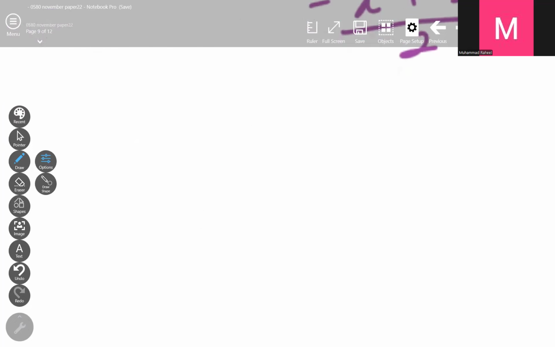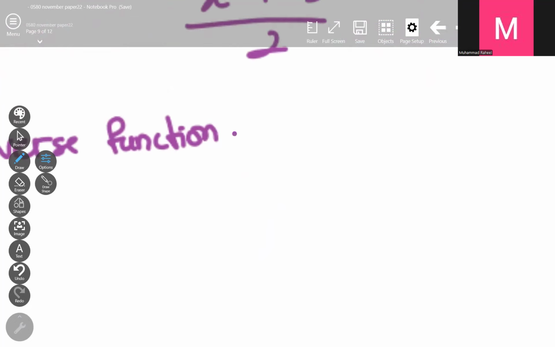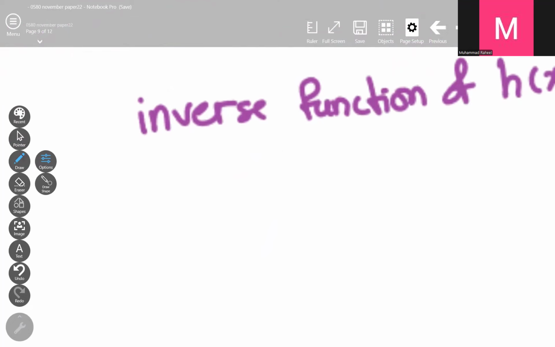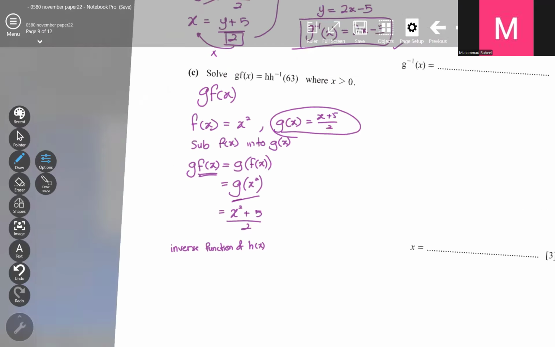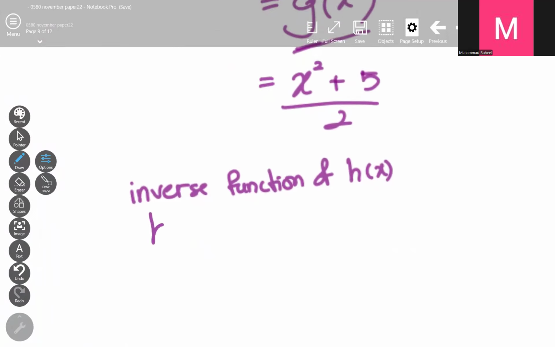Now to find the inverse function of h of x. So now we have h of x is equal to 7x minus 3.